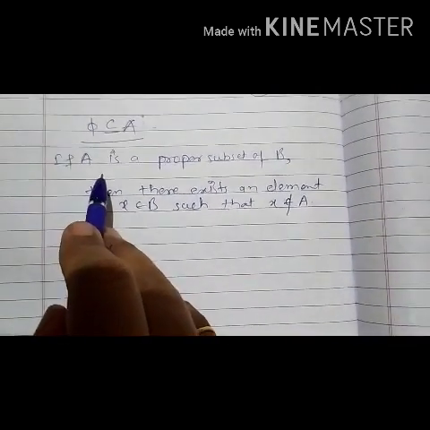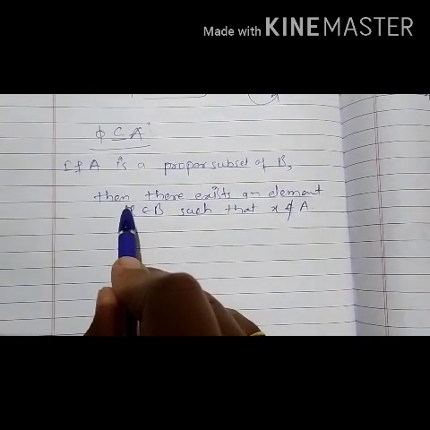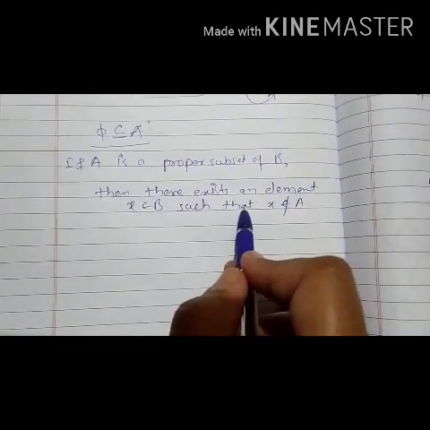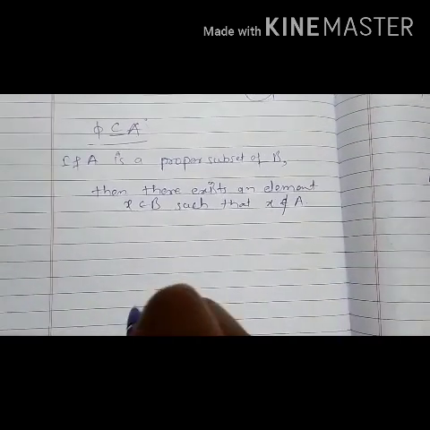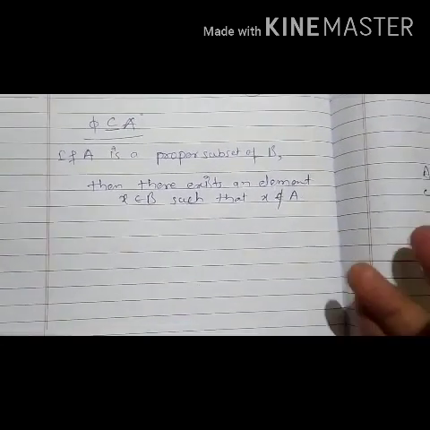If A is a proper subset of B, then we have at least one element in B such that x is not in A. Getting?